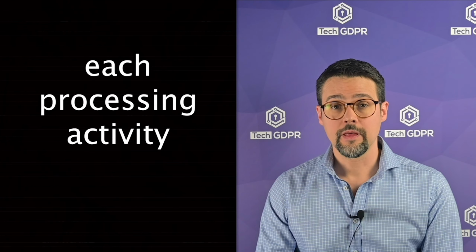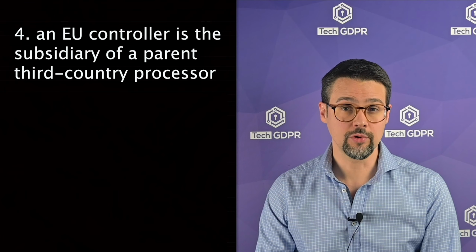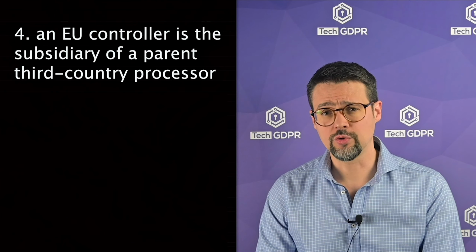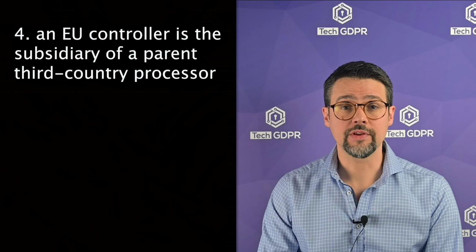The fourth one, when a subsidiary company in the EU discloses personal data of its employees to the parent company in a third country, for example, by storing data in a central HR database, this disclosure qualifies as an international transfer. This is because the subsidiary company, as an employer and acting in its capacity as a data controller, makes personal data available to its parent company in a third country.